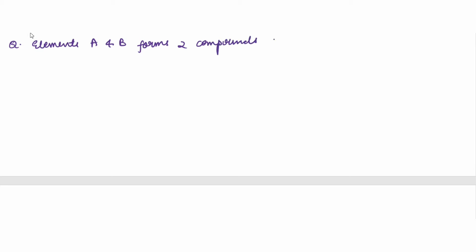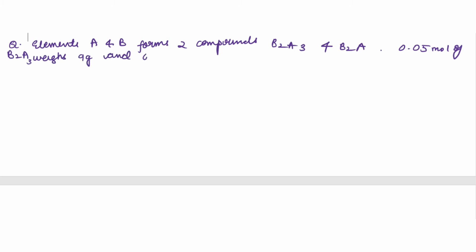Okay, the next question goes as: elements A and B form two compounds B2A3 and B2A. So there are two elements A and B forming two compounds. 0.05 moles of B2A3 weighs 9 grams and 0.1 mole of B2A weighs 10 grams.